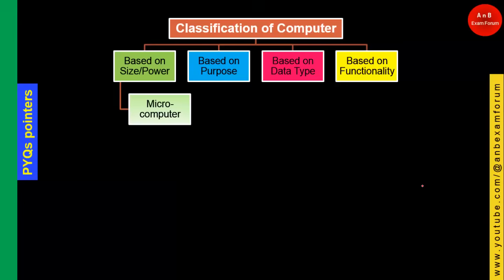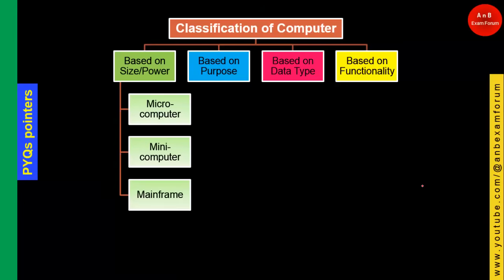And if you see the classification of computer on the basis of size, there are basically 4 classifications of computer, starting from the microcomputer, mini computer, mainframe computer and the supercomputer. What are these and how they are different from each other, we are going to see in today's class.